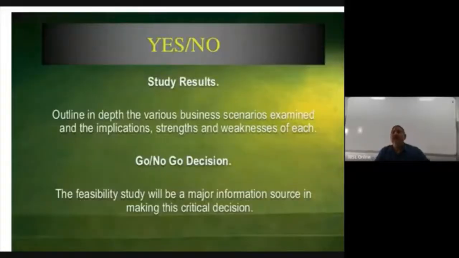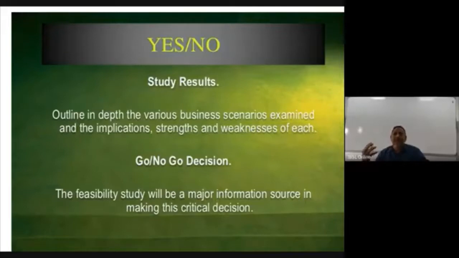Finally, we have to come to a conclusion. Yes or no, are we going ahead with the project or not? Are we accepting the project or not? Are we going to lend on this project or not? That's based on the study results. Finally, in your proposal also, we expect you to come to a conclusion. We are going with this project, we are accepting this or not.